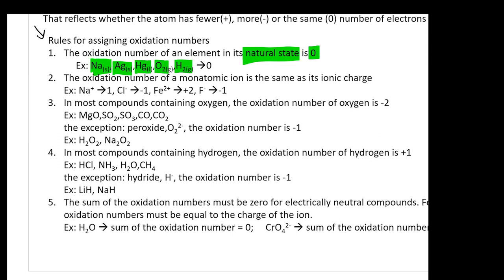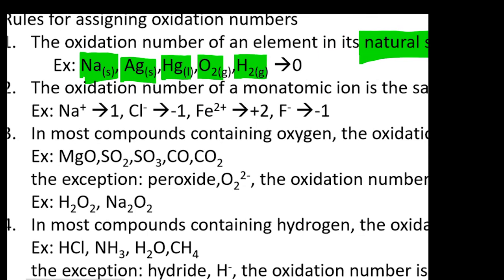That's rule number 1. Rule number 2: if you have your atom existing in the charged form, then its oxidation number is going to equal the charge it carries. For example, Na+. You can see here it's a charged species now. The things I gave you in the beginning were all neutral, right? You don't see a charge with it. But right now it's Na+.